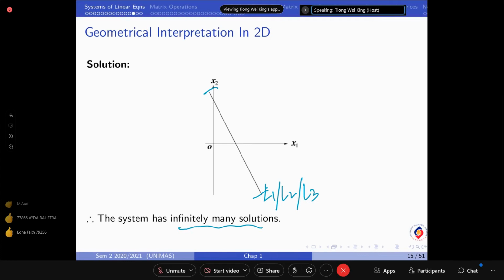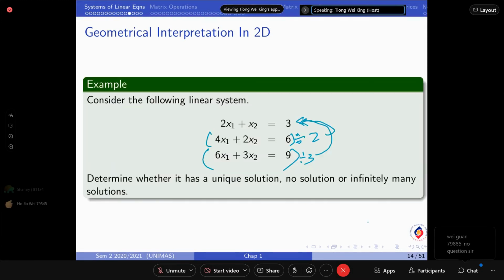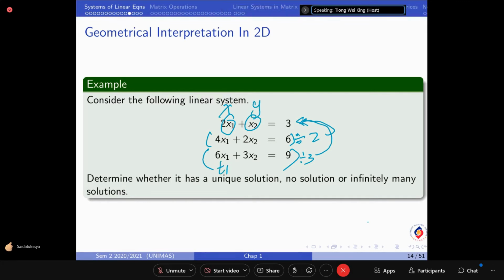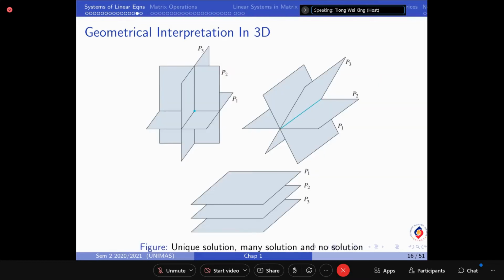Okay. So this is the geometrical interpretation for 2D. For 2D, we have two unknowns, x1, x2, can be x, can be y, can be t1, t2, doesn't matter, as long as we have two unknowns.